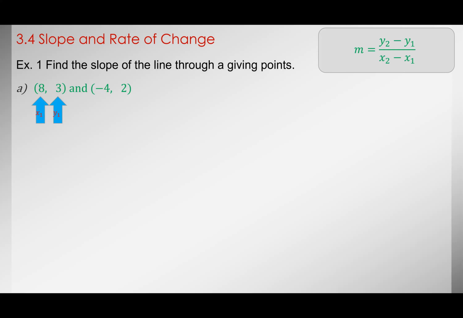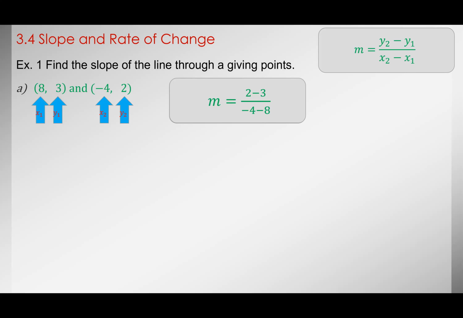The x comes first, the y comes second, so my x1 is 8, my y1 is 3. And if that's the first point, the second point will be x2, y2. If you look at this item, we have the 4 values we need to find the slope of this line. All we need to do is plug in the y: y2 is 2, minus y1 is 3, which is 2 minus 3, and plug in my x, which is -4 minus 8.